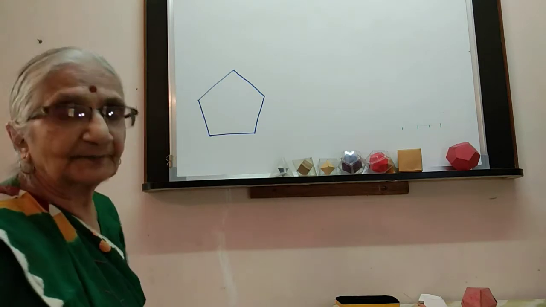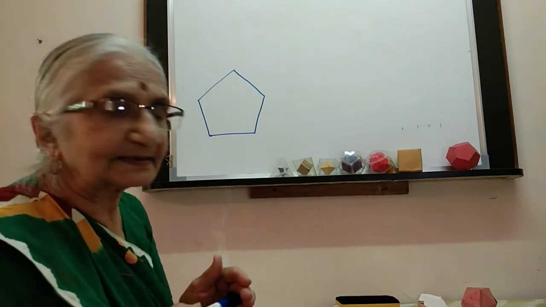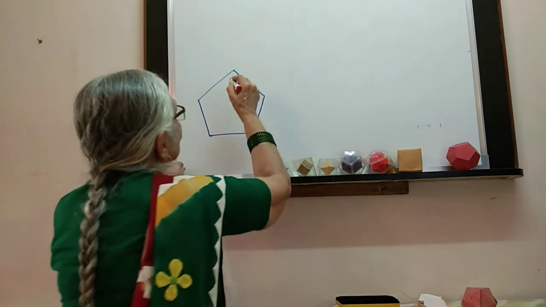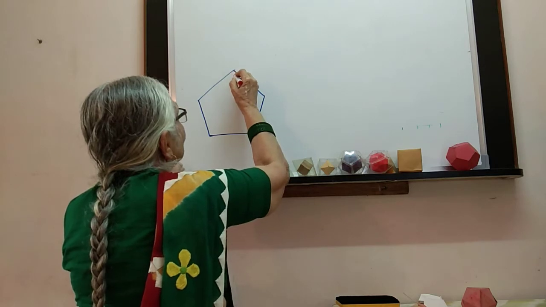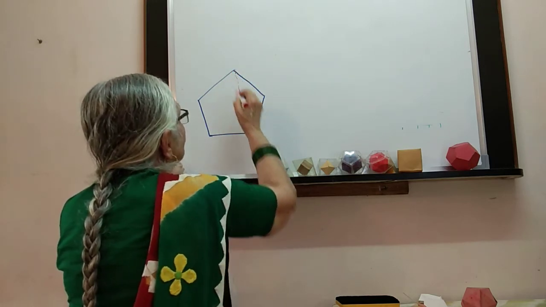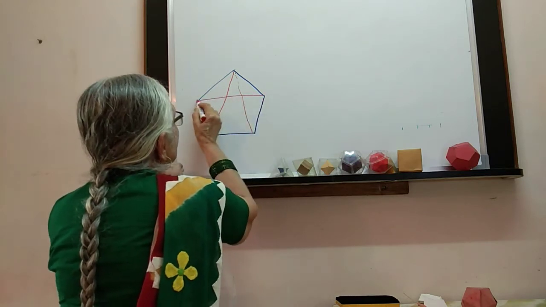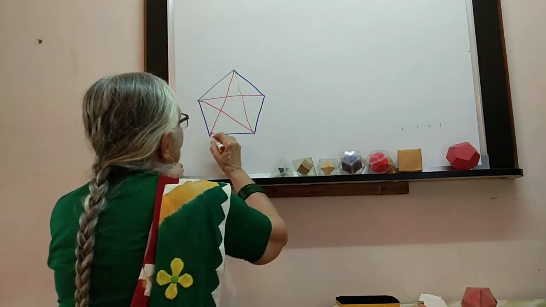So here is a regular pentagon of more than double the size. Now take the diagonals. When you take the diagonals, that's very simple. Two from each vertex.